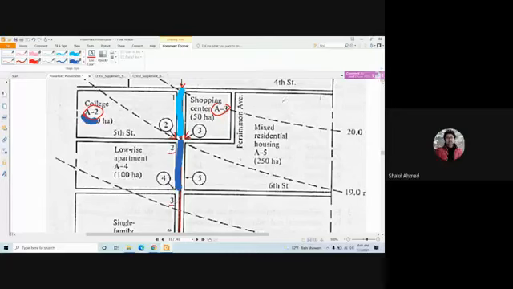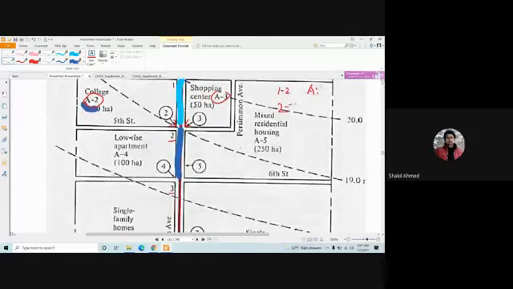So from 1 to 2, the contributing area is A1. From 2 to 3, the contributing areas are A2, A3. Who else, guys? Tell me who else in this pipe? Look at the arrows.